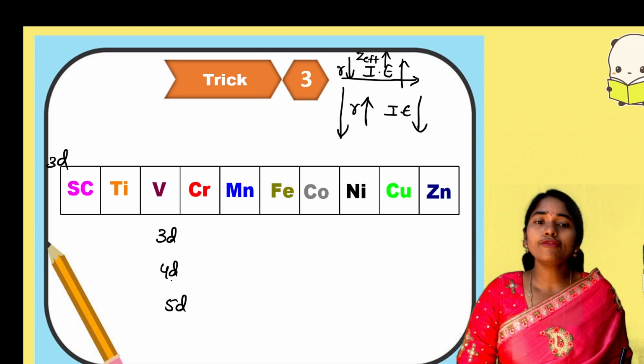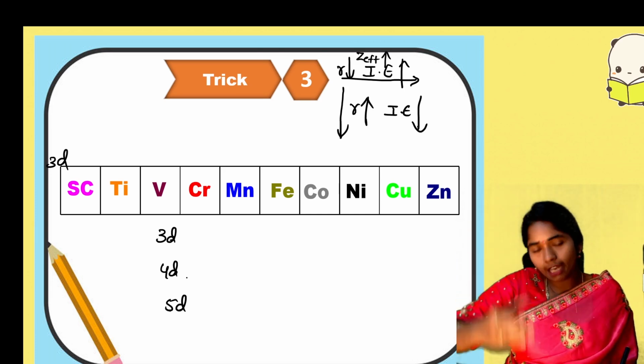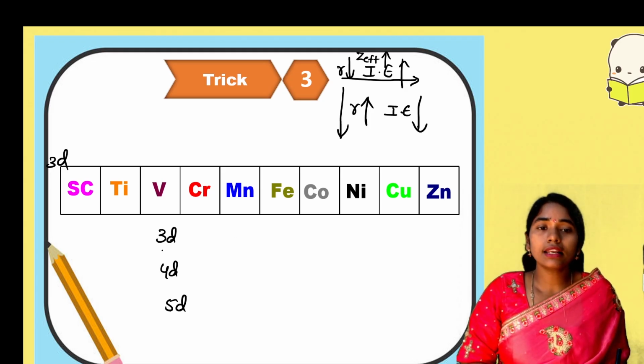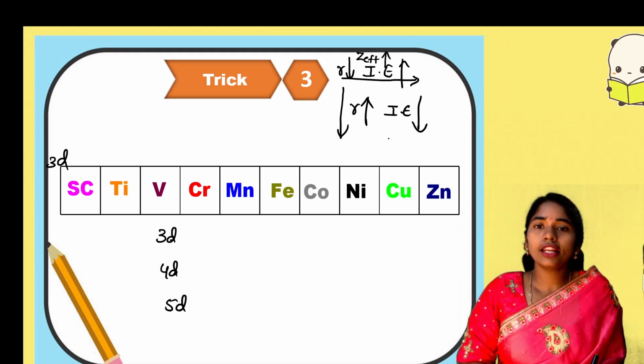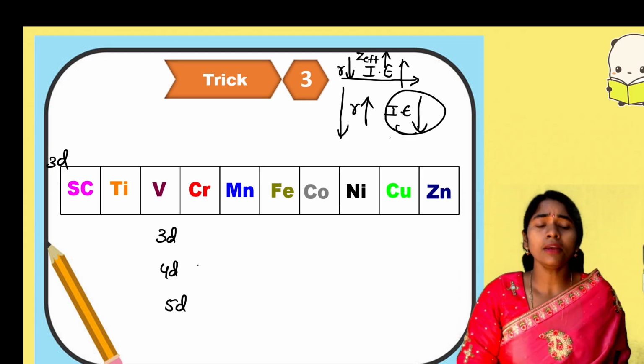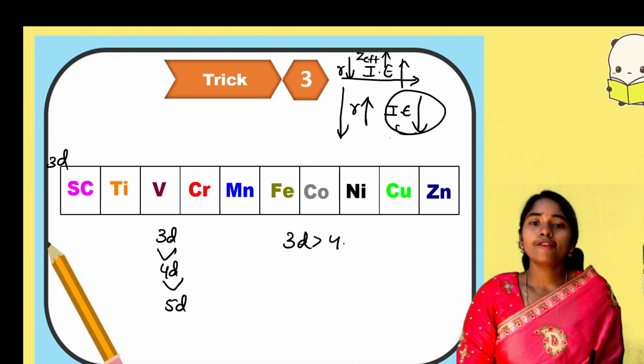So for 3d, 4d, 5d elements, top to bottom, radius increases and ionization energy should decrease. Correct? I am talking with respect to ionization energy. Top to bottom it should decrease. Then we expect 3d should be more, then 4d elements, then 5d elements.